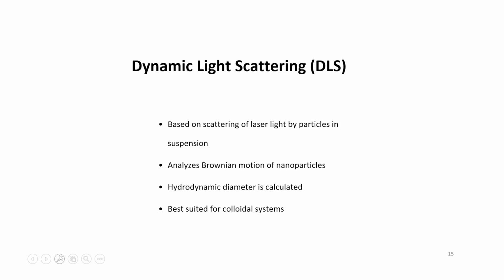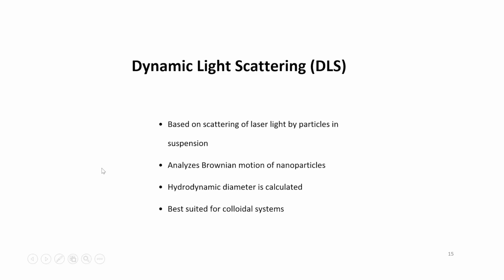The larger the particles, the more slowly they move, and the smaller the particles, the faster they move. So the light falling onto it and scattering away helps you determine the size based on the scattering of laser light by particles in suspension. In a suspension, the particles are moving randomly in a to and fro motion.